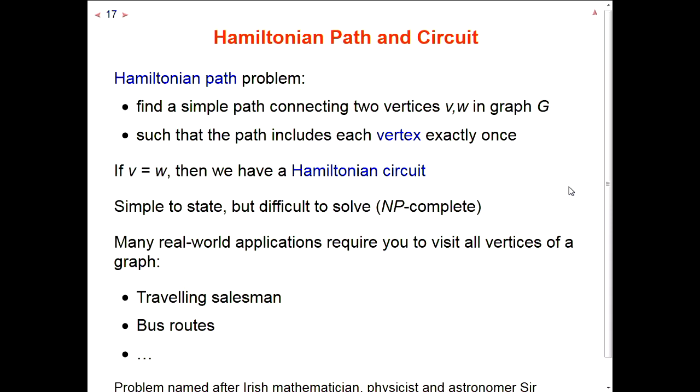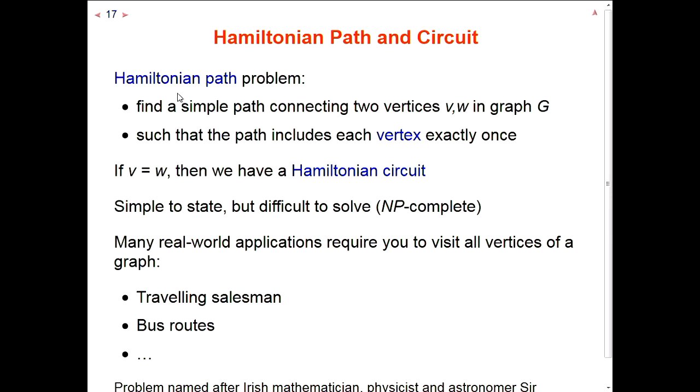Now let's look at Hamiltonian path problems, which have a variety of applications that I'm mentioning here on that slide as well. The definition, some of you might already know this if you have attended my Introduction to Computer Science last semester.